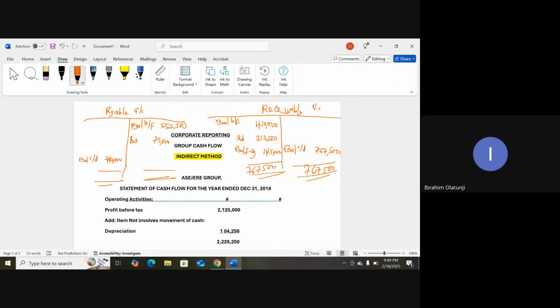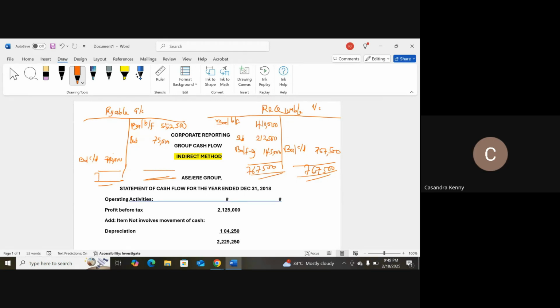So check your opening balance, compare with the closing balance. Is it an increase or decrease? Which one is the higher value? The balance carried down is higher.